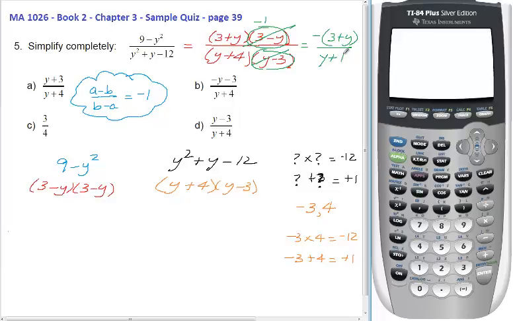Now there's our answer. Let's look for that in our choices. y plus 4 is definitely the denominator, so that rules out some choices. We have a negative sign, so it can't be that one. So it's either B or D. However, nothing matches perfectly. But if I distributed that negative sign in, I would get negative 3 minus y all over y plus 4.